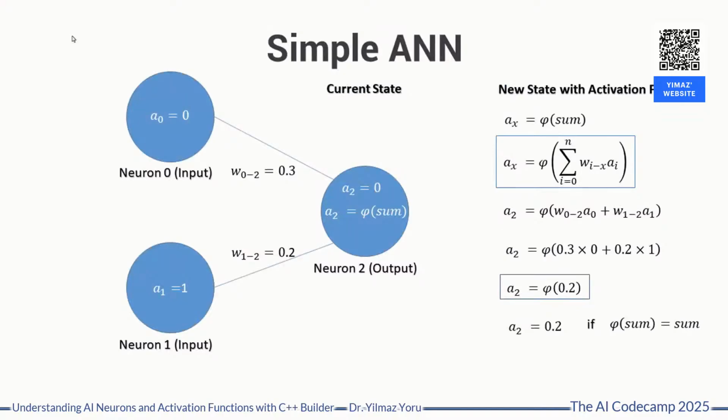This is a very simple artificial neural network example with two input neurons and one output neuron, and each input neuron is connected to the output neuron with a link. Each link has a weight, which means which input is more important and which is less important. We define this by weights, and then we multiply these weights with the input values.